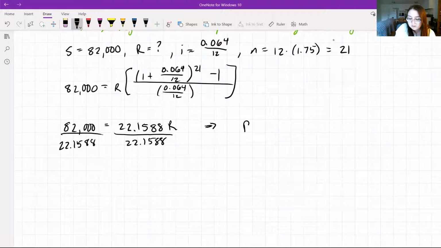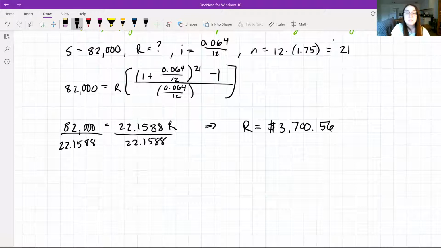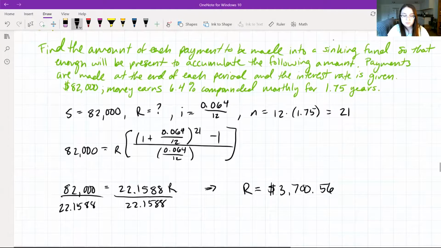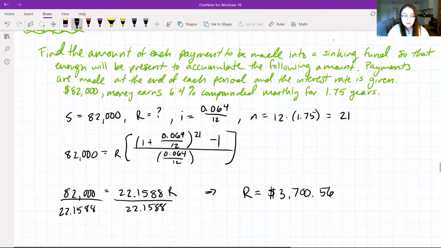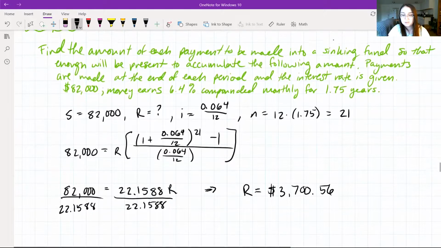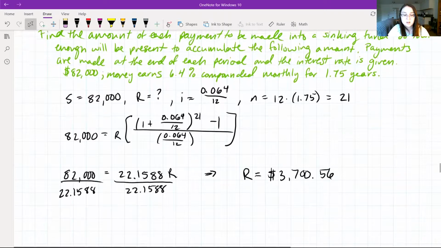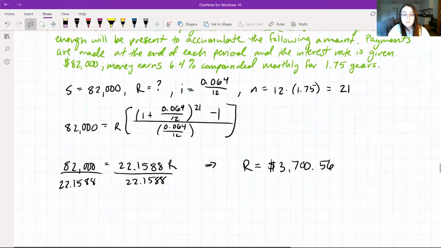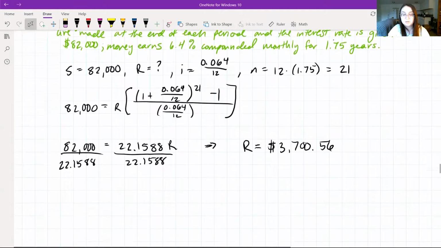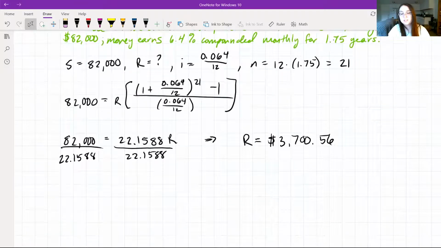And what this is going to give us is R is going to be equal to $3,700.56. So our question was: find the amount of each payment to be made into a sinking fund so that we end up making $82,000 if it's being compounded at 6.4% monthly for 1.75 years.